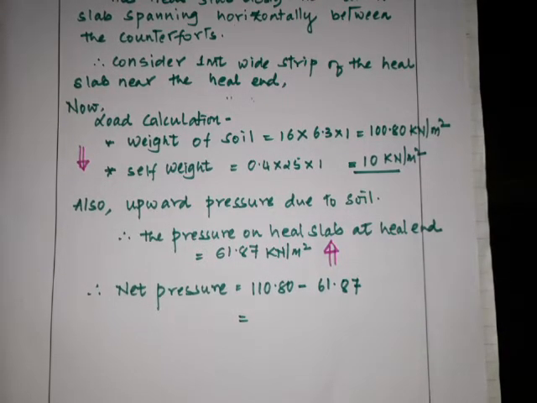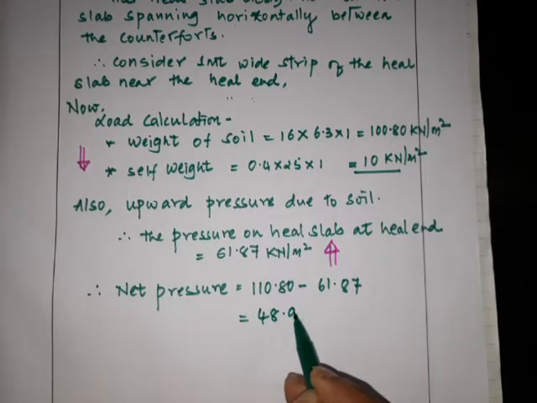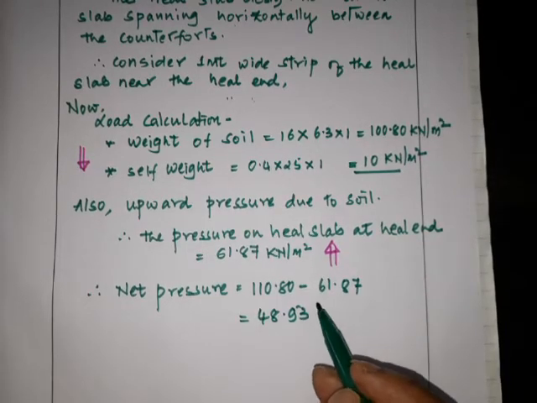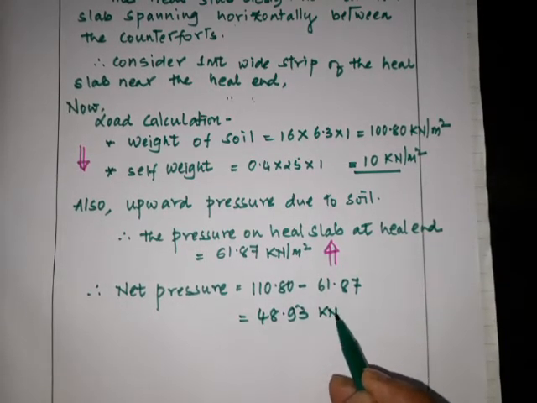we'll check here, 48.93, we get this as 48.93 kilonewton per meter square.